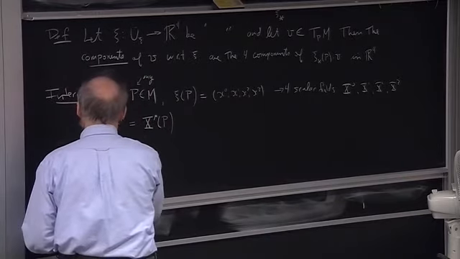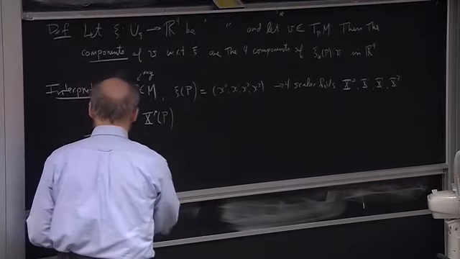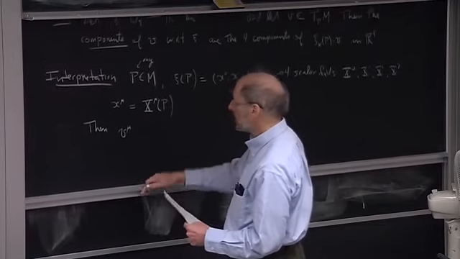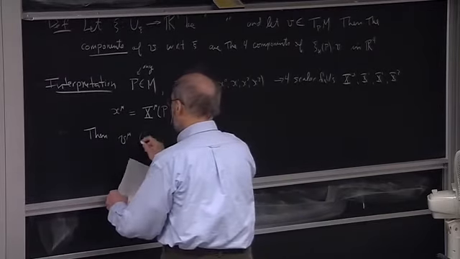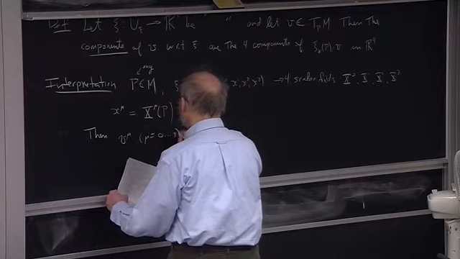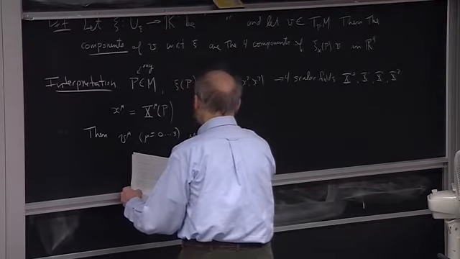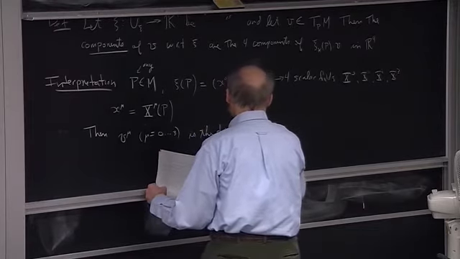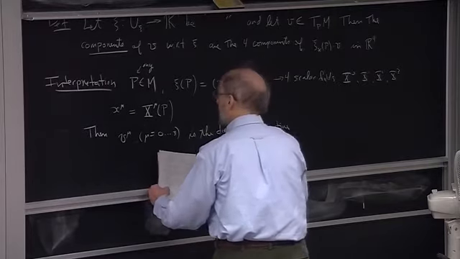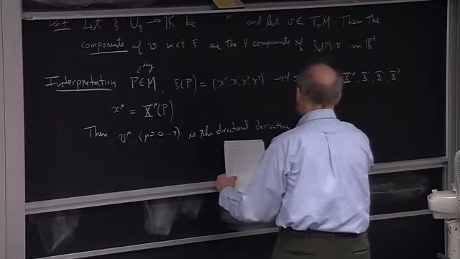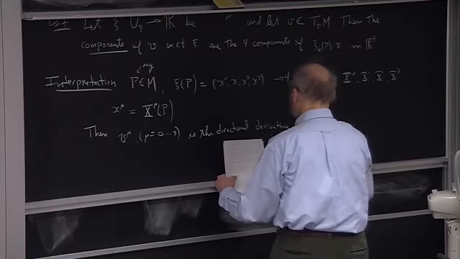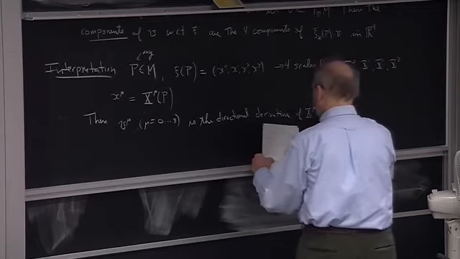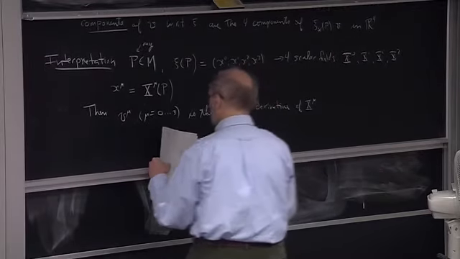Then here's the claim, which I leave you to convince yourself of: B mu, the mu coordinate of B, I think I switched, I was calling it U before, but now I'm calling it B, the tangent vector, for mu equals 0, 1, 2, 3, is the directional derivative of x mu along the curve gamma that defines v.